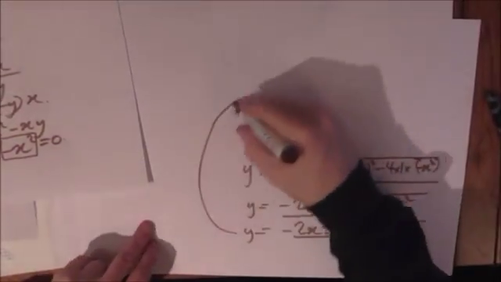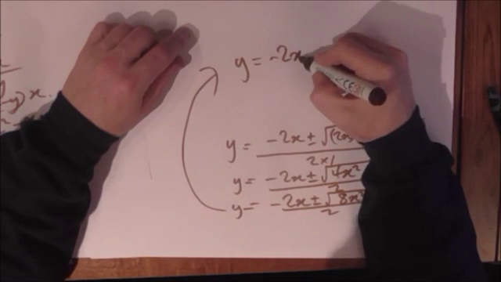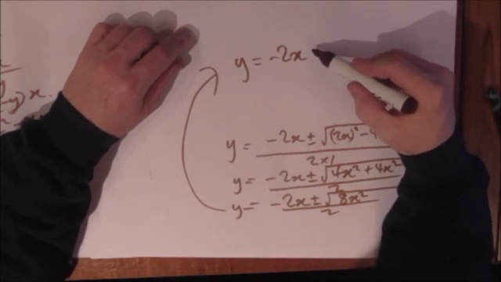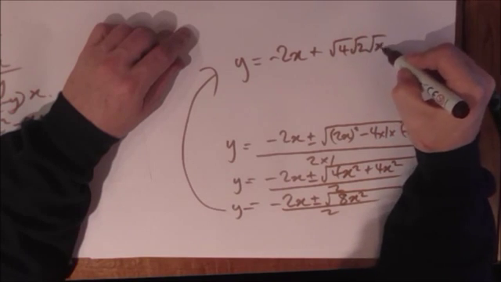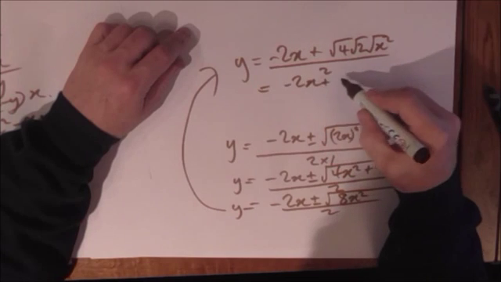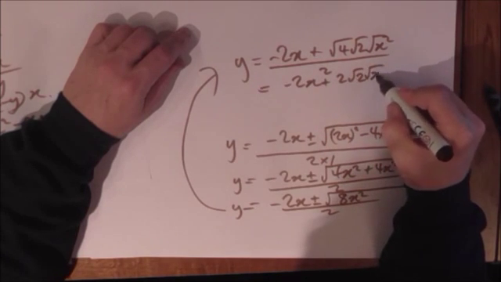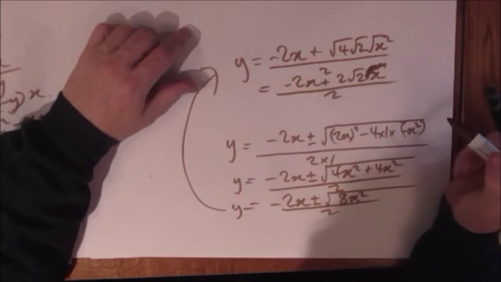Now, just continuing that up there. y equals negative 2x plus square root of 4, square root of 2, square root of x squared over 2 equals negative 2x plus 2 root 2 x squared. Oh, that's just an x. All over 2.